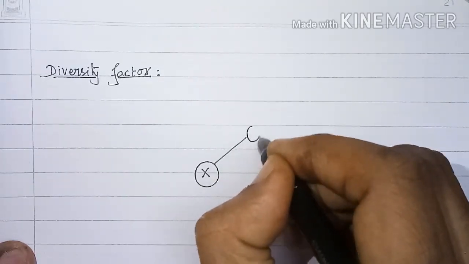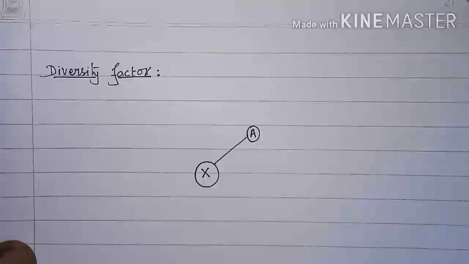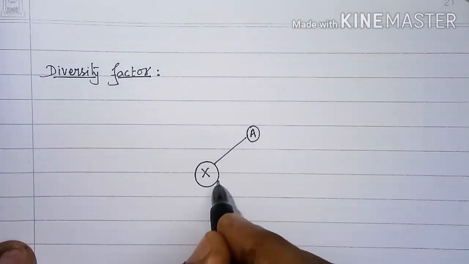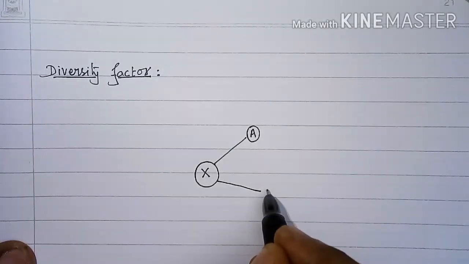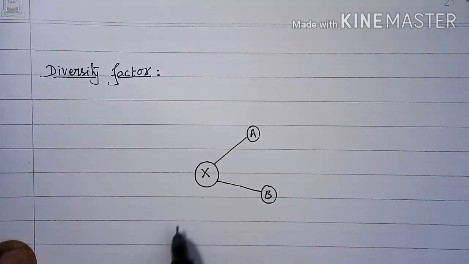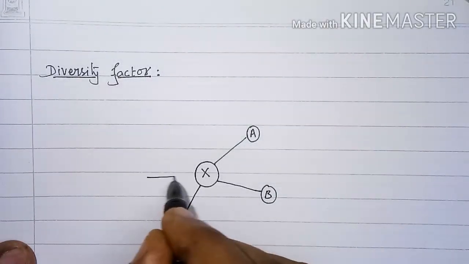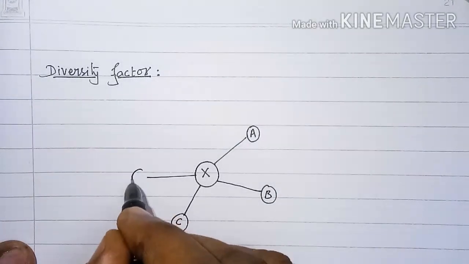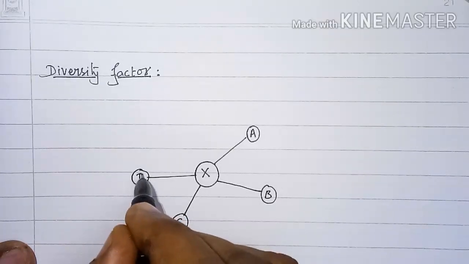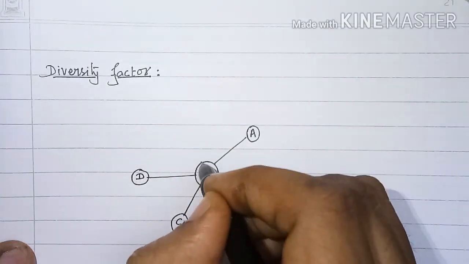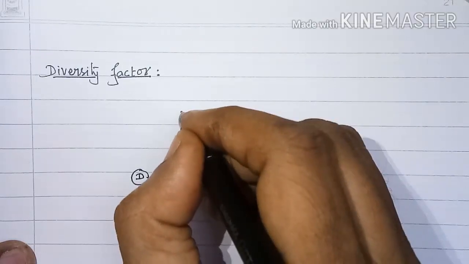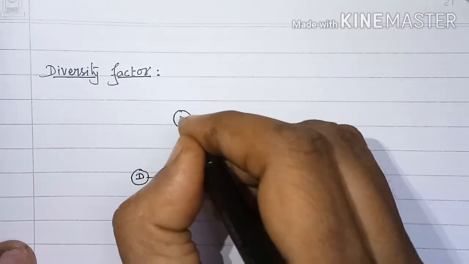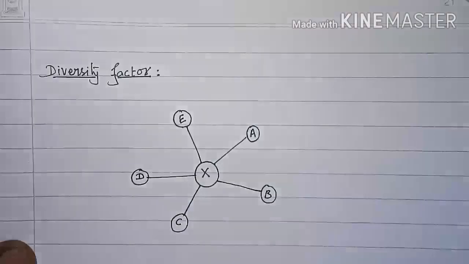Say here is group A, here is group B, group C, group D, and group E.